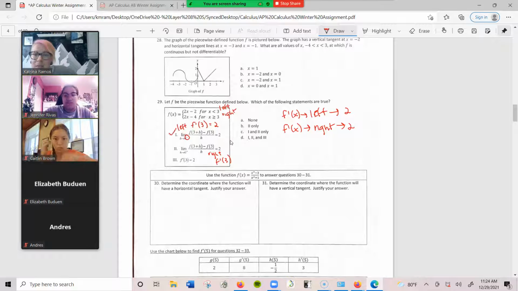So that means that statement 1 and statement 2 are correct. Statement 3, f prime of 3 is equal to 2, that's if both the left and the right are equal. Since they're both equal to 2, then the derivative does equal 2. So 1, 2, and 3.